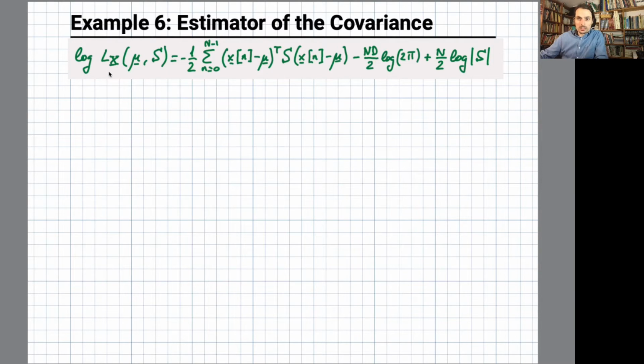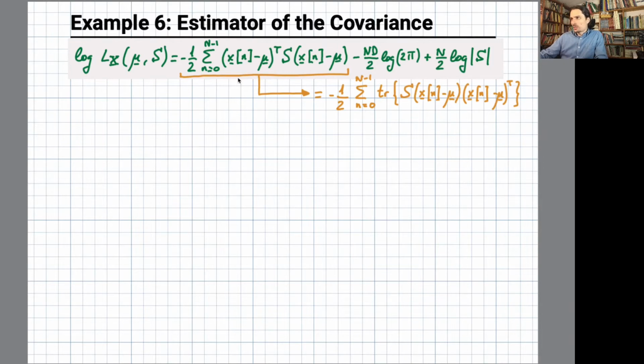maximize the log likelihood function with respect to S. And to that end, we will apply some mathematical manipulations to simplify notation. So first, note that this is a row vector times a matrix times a column vector, right? So therefore, this is a scalar. And a scalar is just a one-by-one matrix, right?